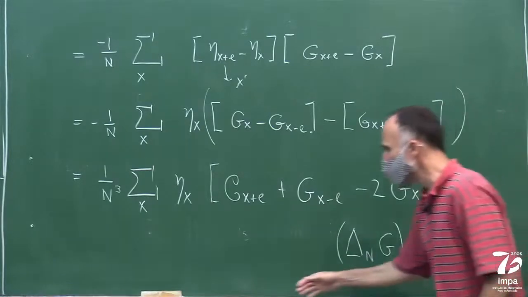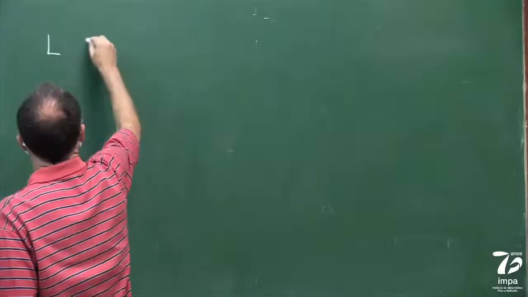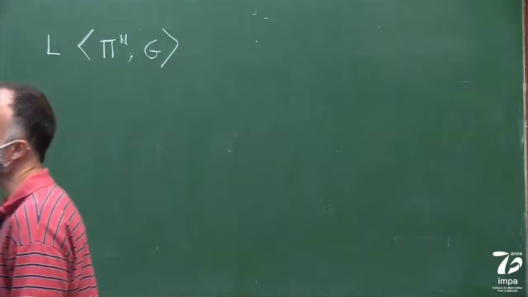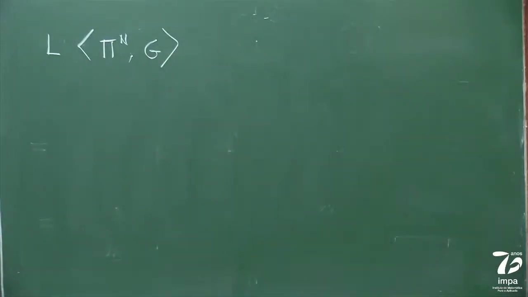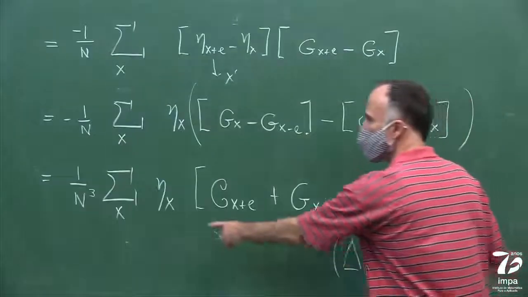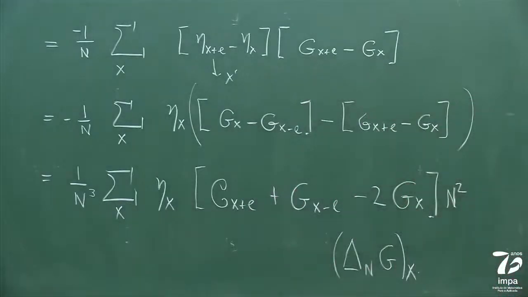And by doing that, you see that we computed, so what we proved is that L of pi n g, our function f was pi n g, is equal to what appeared here: the integral of this new function with respect to the empirical measure, with a 1 over n square in front.